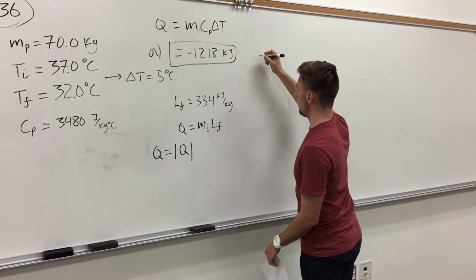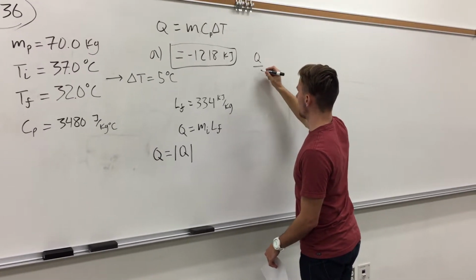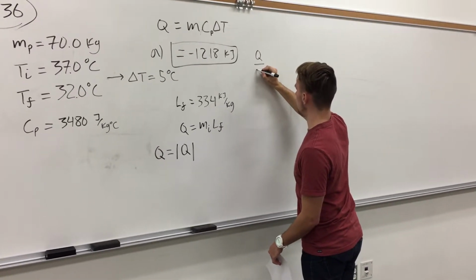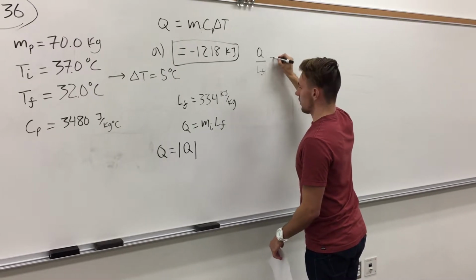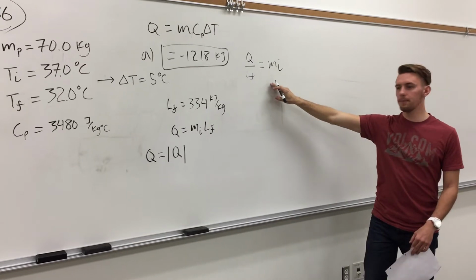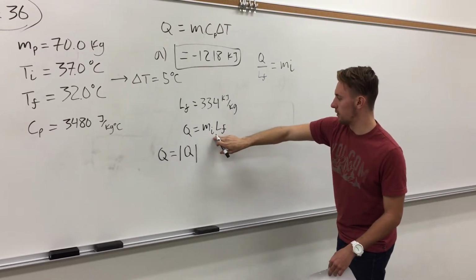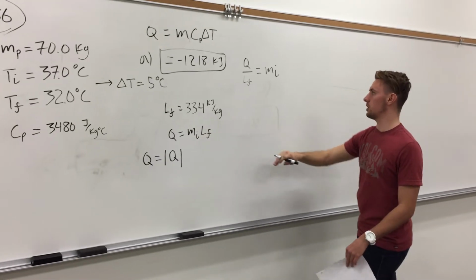So taking our equation and rearranging it, we find that our mass of ice is going to be determined using this formula. We're just rearranging to separate the mass of ice and latent heat of fusion.